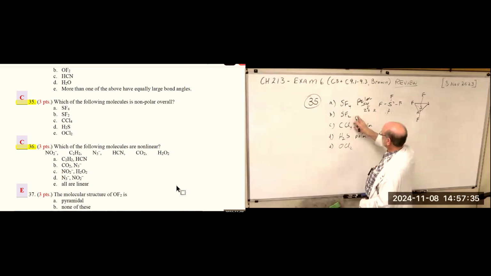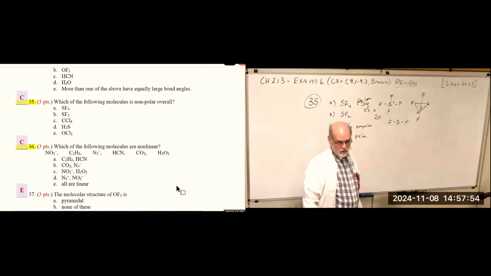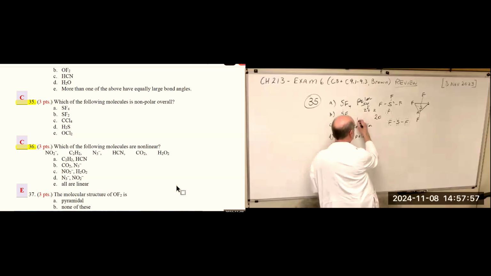SF2 would be 6 plus 14 is 20. So SF2 is 16. 2, 4, 6, 8, 10, 12, 14, 16. We got a bent molecule, right, with polar bonds. This one is also polar.